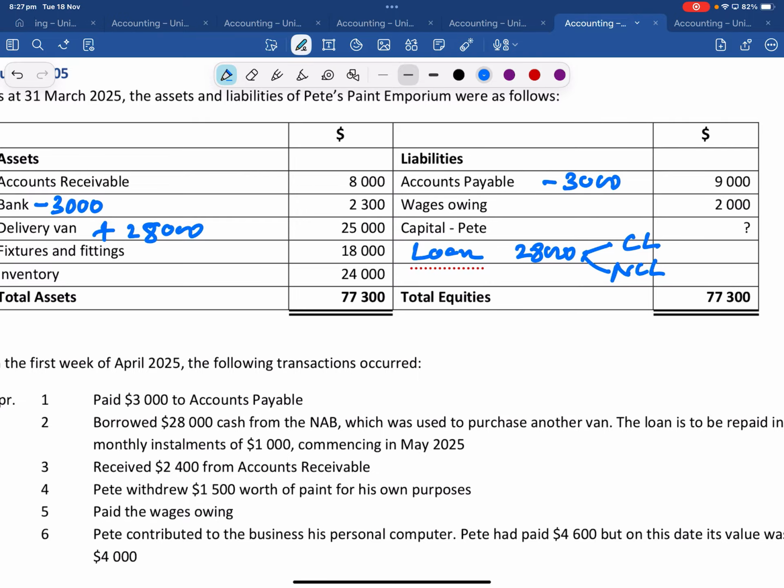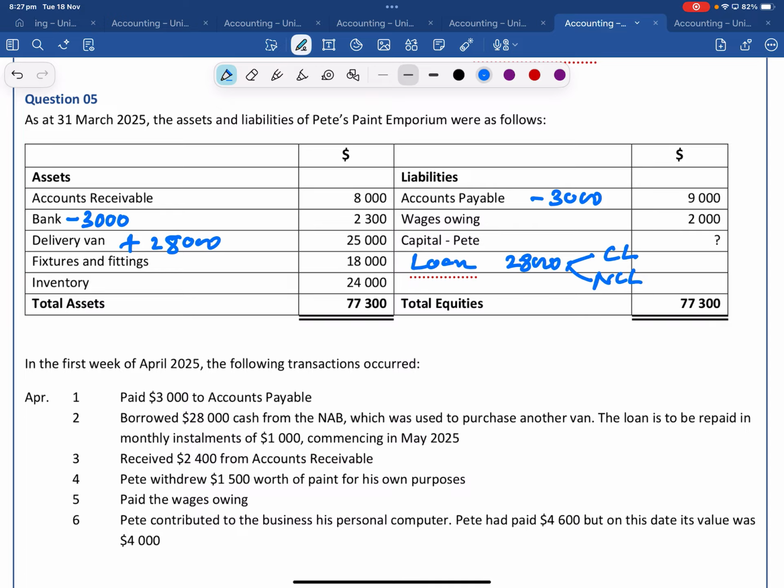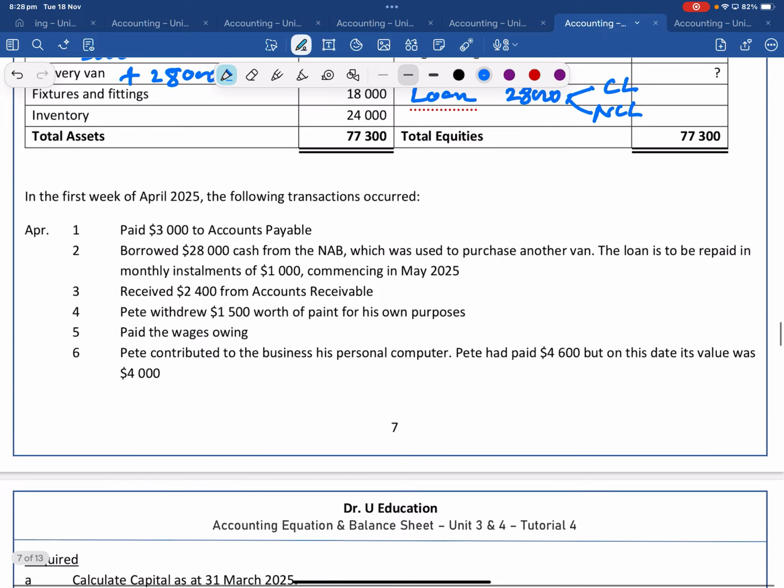17. Okay, now it is commencing in May. So then you take $1,000 off. Why did we take $1,000 off? Because it's 11 months. Why? Because of what we are considering. What is our rule, guys? For the next 12 months. Now when are we now?